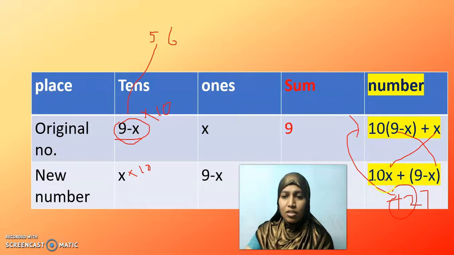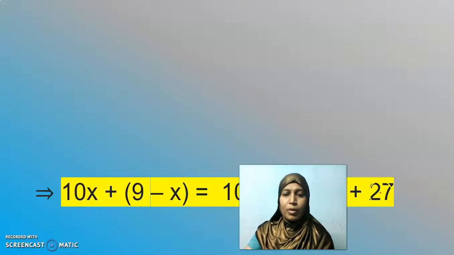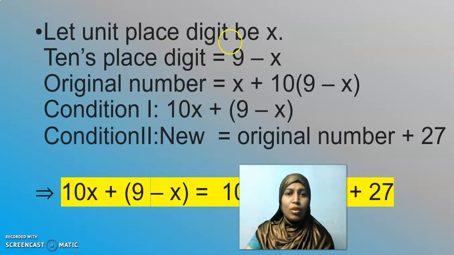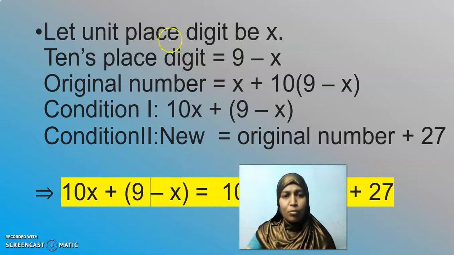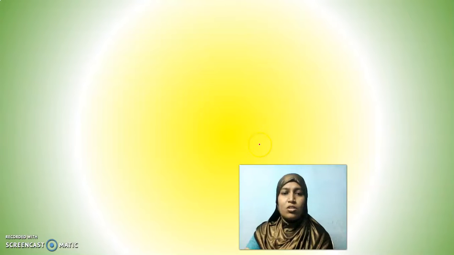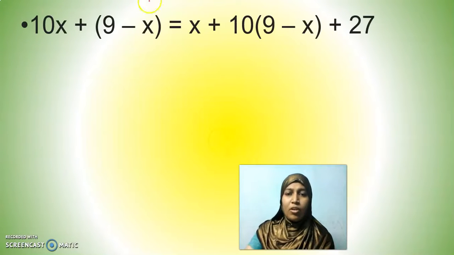If I add this 27 to the original number, I get the new number. Is it clear? If you write the table, no need to write this down. If you don't write the table, you have to write this. So our equation is what I wrote on the previous slide, the same is here.